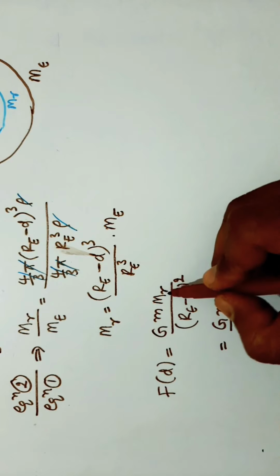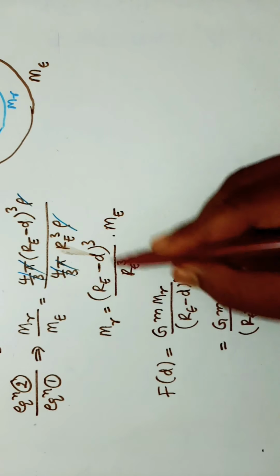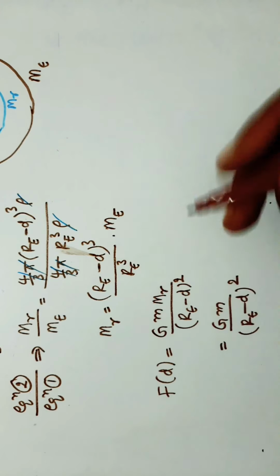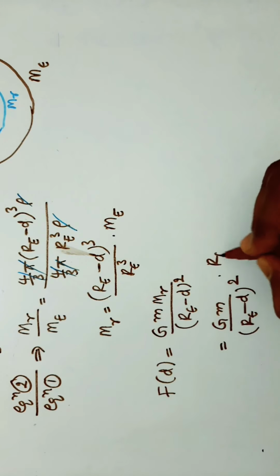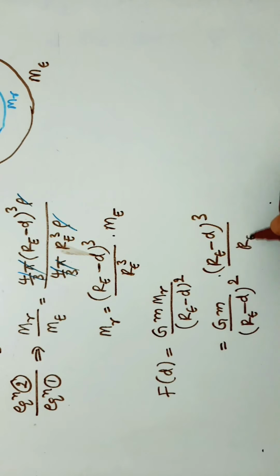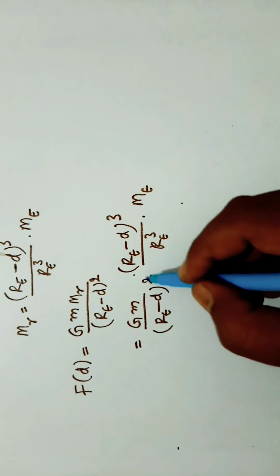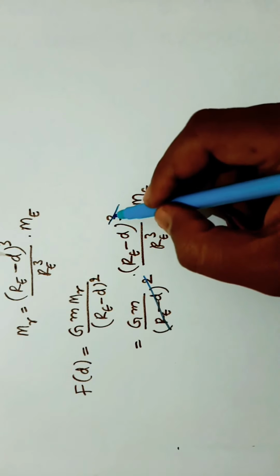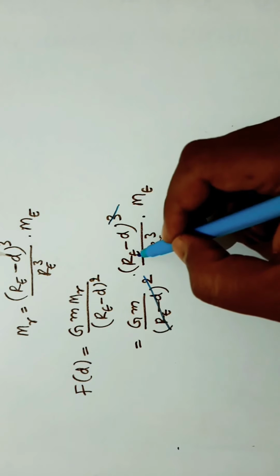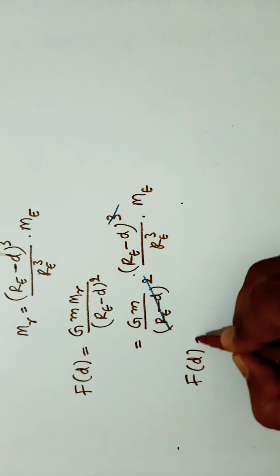Substitute the mr value in this equation. So mr is equal to how much? (RE minus D) whole cube by RE cube into ME. So here (RE minus D) whole square, 2 cancel. So remaining is RE minus D. So we can get F of D is equal to how much?